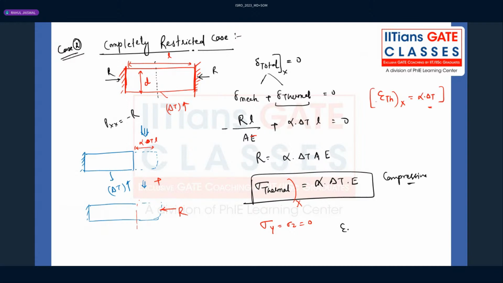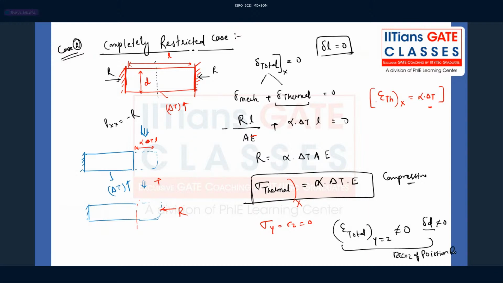We will have a total strain in the y and z directions that is not equal to zero because we will have a change in diameter. Change in length is zero, but change in diameter will happen because of the Poisson ratio.